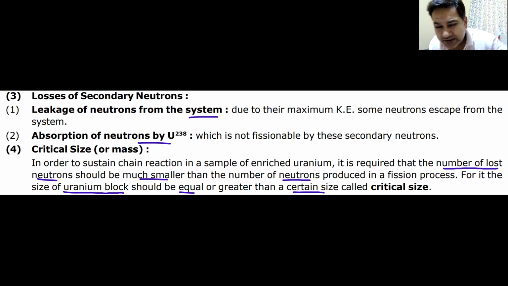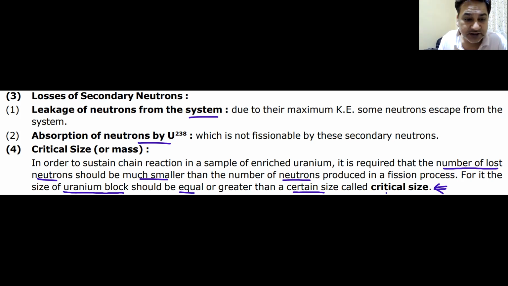Because if the size is very small, you will not have fission happening, as we'll be losing a lot of neutrons. This size is known as the critical size. If the uranium block is less than this critical size, we will not have any nuclear fission reaction happening. Do we understand this?